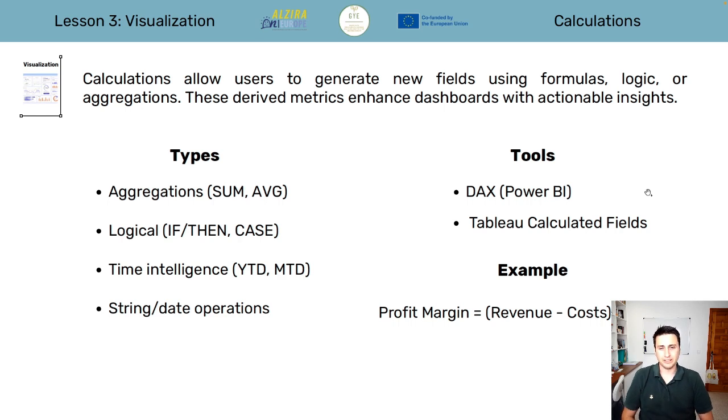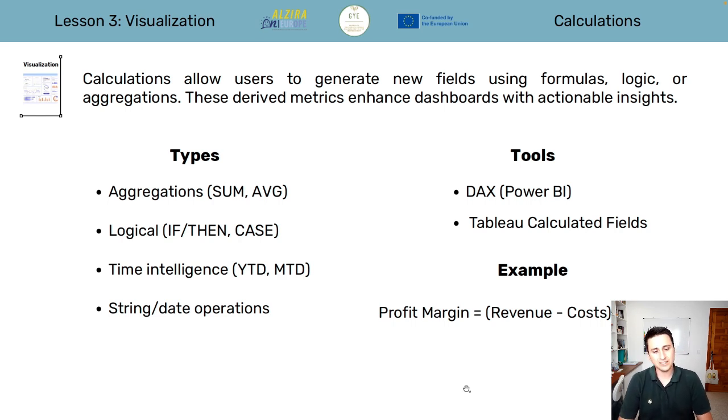Once we have defined the KPIs, it's time to see how we calculate them. For example, one KPI for the sales area is profit margin. So we should tell Power BI or Tableau how to calculate it. We are going to calculate it with revenue minus costs divided by revenue.